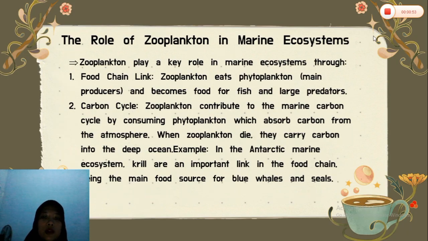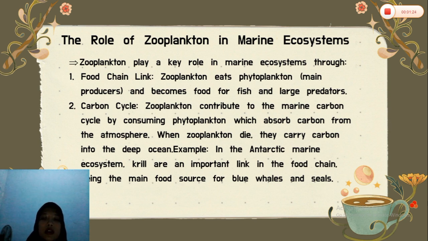The role of zooplankton in marine ecosystem. Zooplankton play a key role in marine ecosystem through the first, food chain link. Zooplankton is phytoplankton's main consumer and become food for fish and large predators. And number two, carbon cycle.